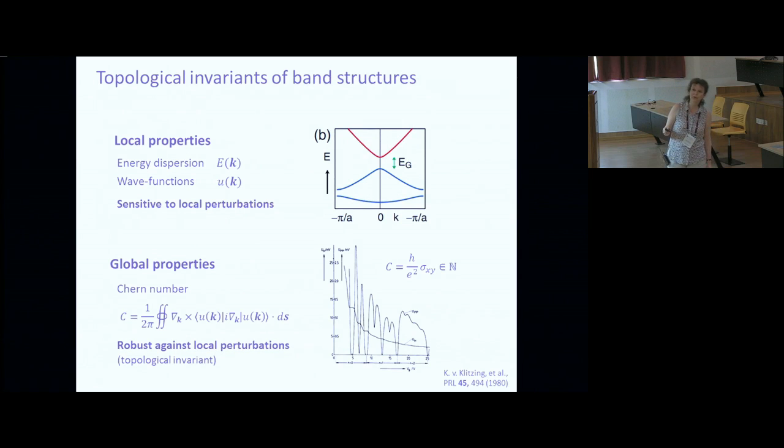And so when you measure the conductance of your sample, you actually have plateaux, and these plateaux are universal. They only depend on very fundamental constants and the Chern number. So the conductance is equal to e squared over h times this integer, which is the Chern number.